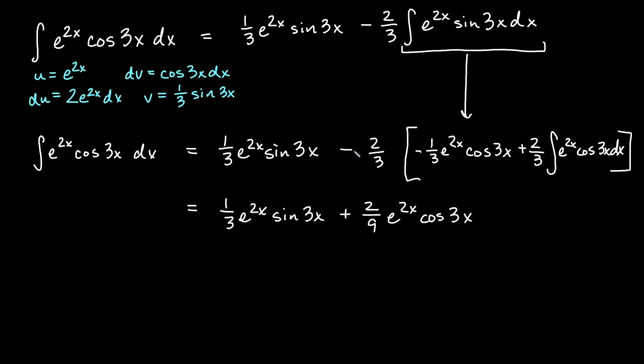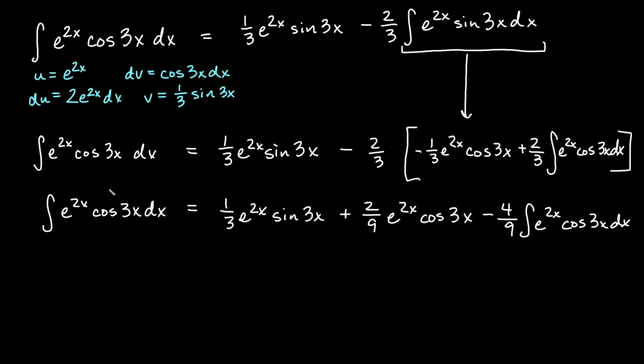And then if I distribute negative 2/3 here to the plus 2/3 integral, I will get negative 4/9 integral e to the 2x cosine 3x dx. Okay, let me write down the original of what we had, e to the 2x integral cosine 3x dx. And now you'll notice we have a multiple of the integral that we started with.